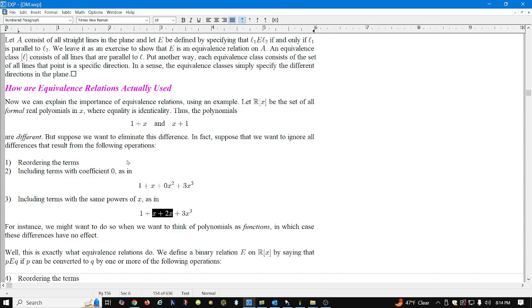Well, this is exactly where equivalence relations come into play.